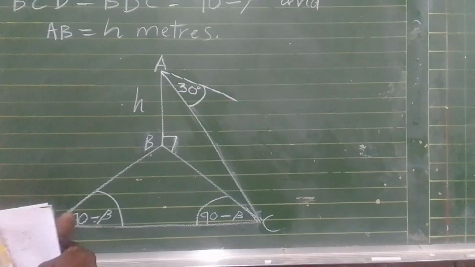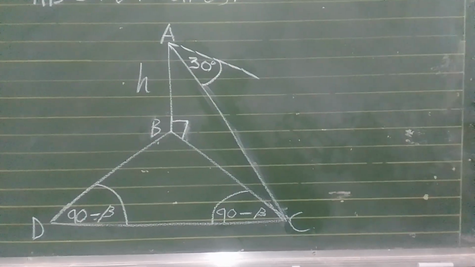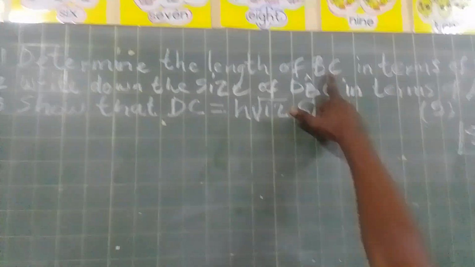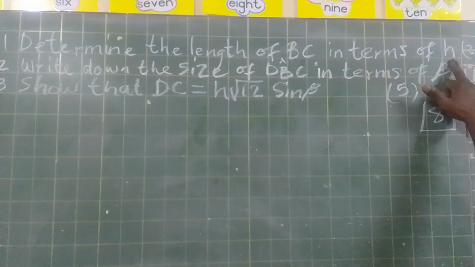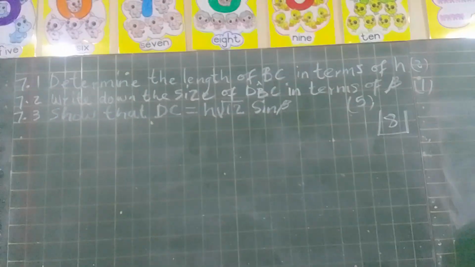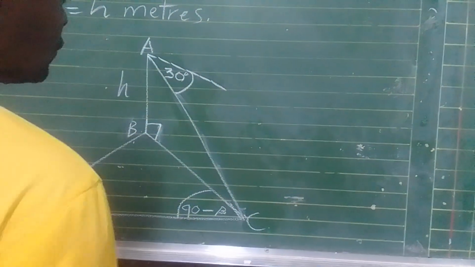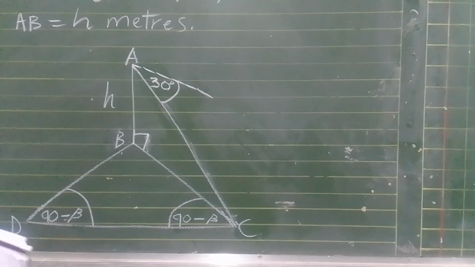Now the question, 7.1, says: determine the length of BC in terms of H, for 2 marks. They want us to determine the length of BC in terms of H.